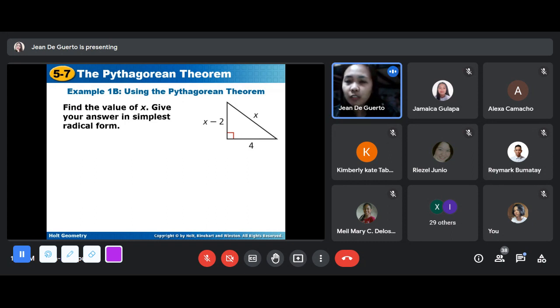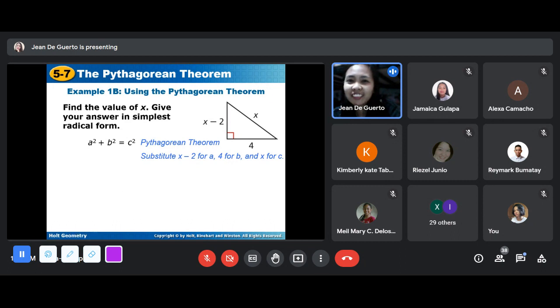Of course, we are going to make use of the Pythagorean theorem. So substitute x minus 2 for A, 4 for B, and x for C.